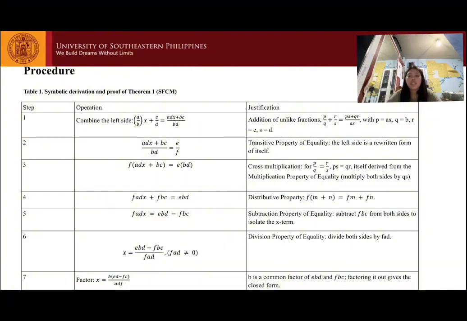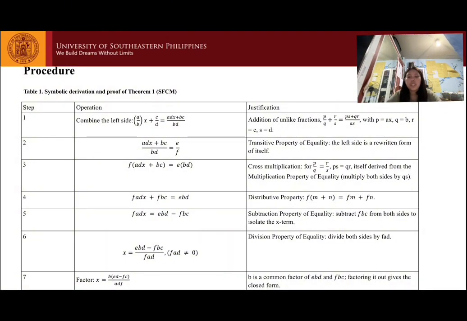For step 6, we solve for x. After isolating the x term, we divide both sides by its coefficient. This applies the division property of equality, giving us the value of x. And step 7 is we factor out the common factor from the numerator, and this produces the final closed form formula of theorem 1.